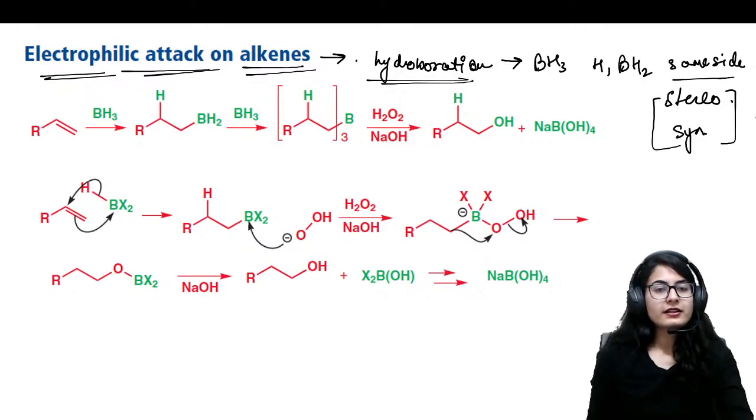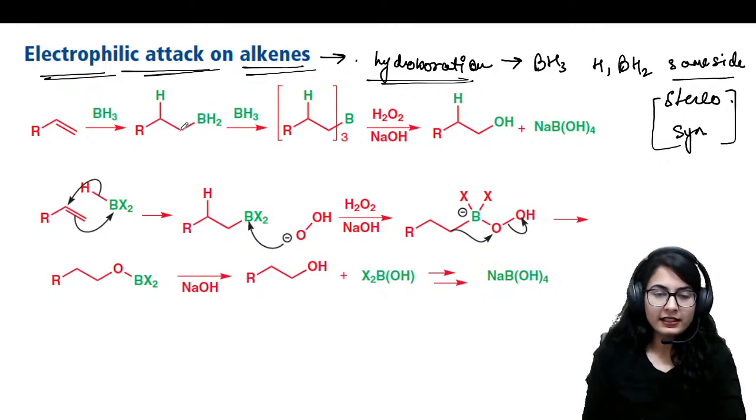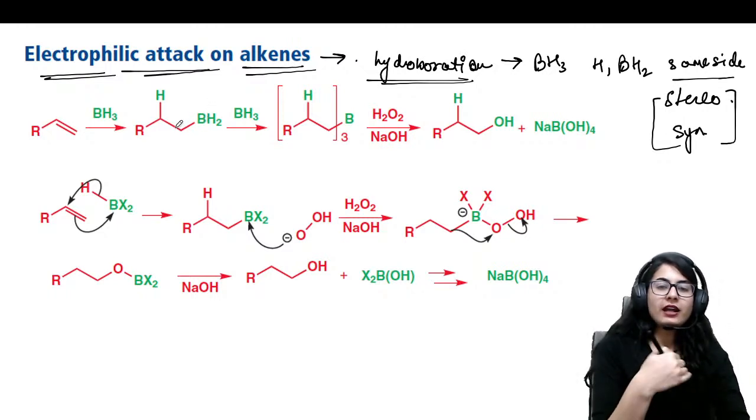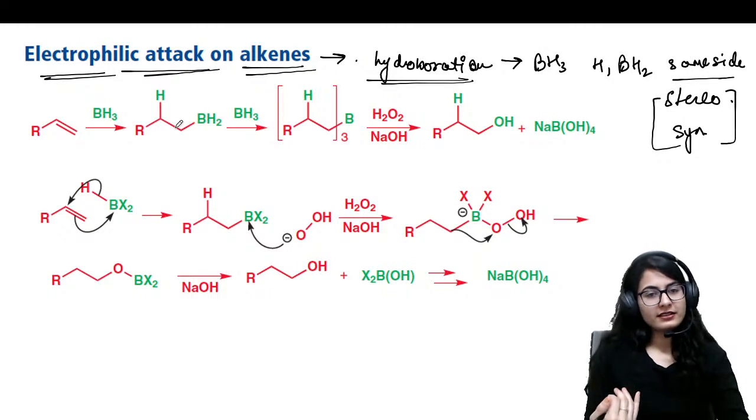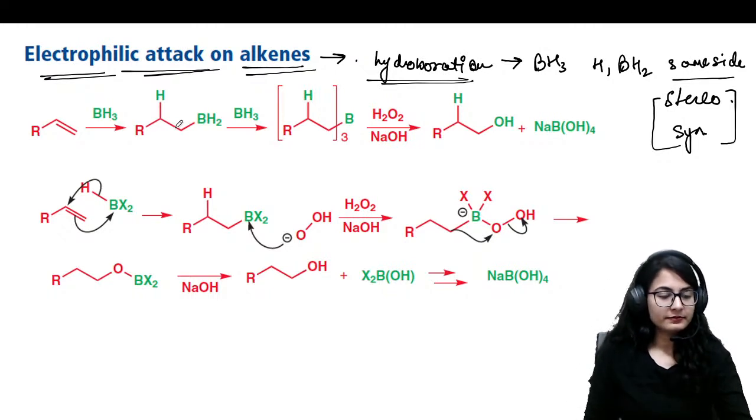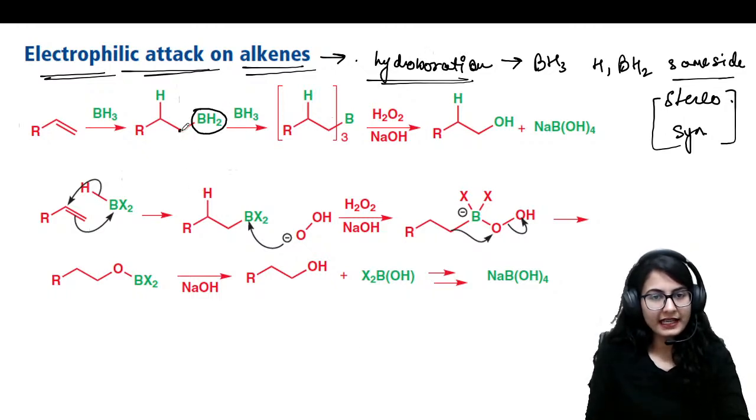वो question है. Yes. So boron is going to add in such a way that it tries to remain on the less hindered side, least hindered side. Absolutely. ये देखो. BH2 will attach on this carbon. ऐसा क्यों नहीं हुआ? Why?